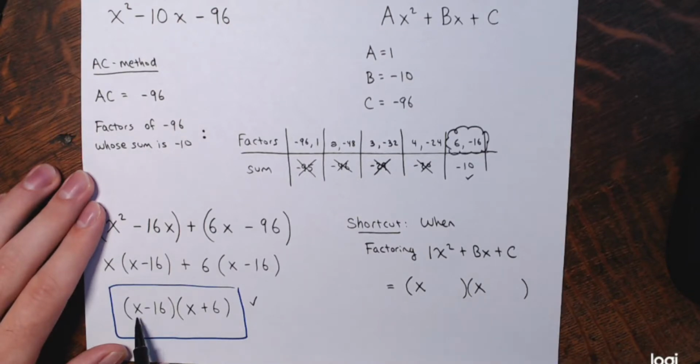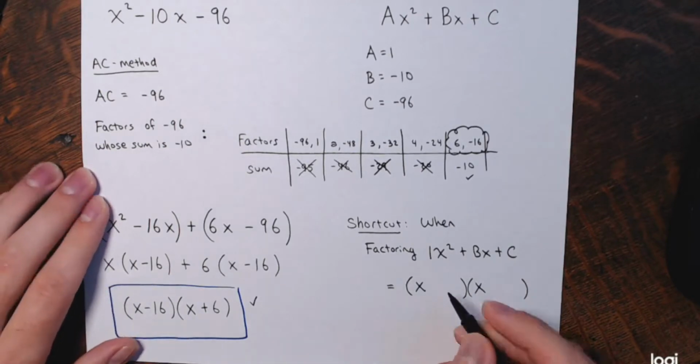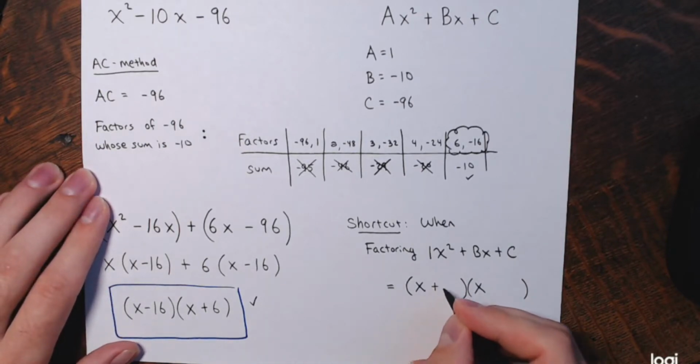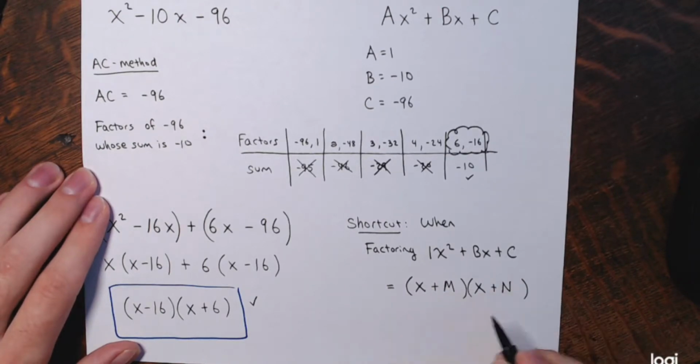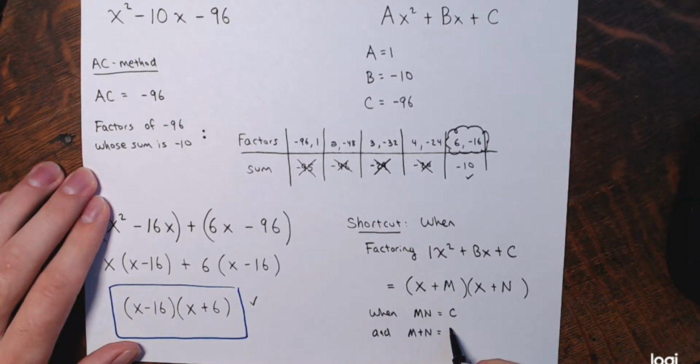See, x here, x there. And then I'll say x plus m times x plus n, where m times n equals c, and m plus n equals b.